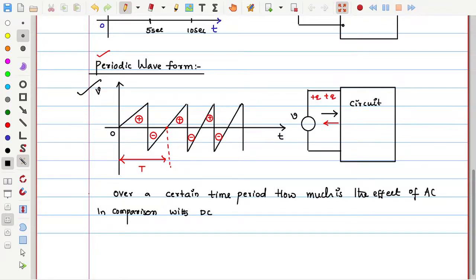So this is our major important discussion point: over a certain period of time, how much will be the effect of the AC in comparison with the DC.